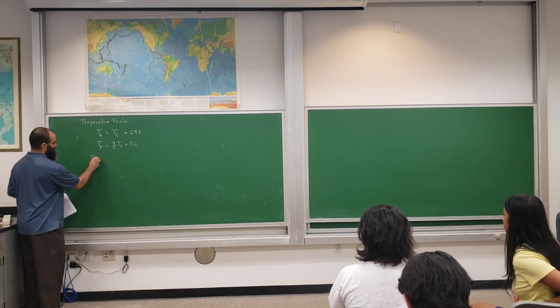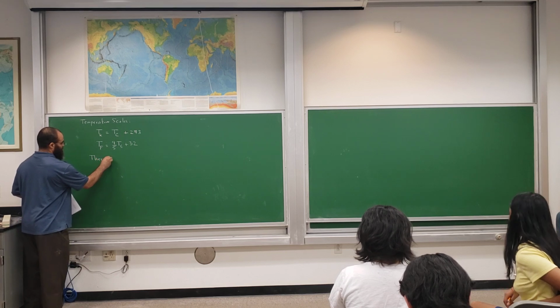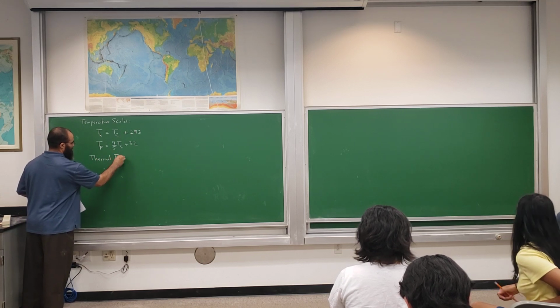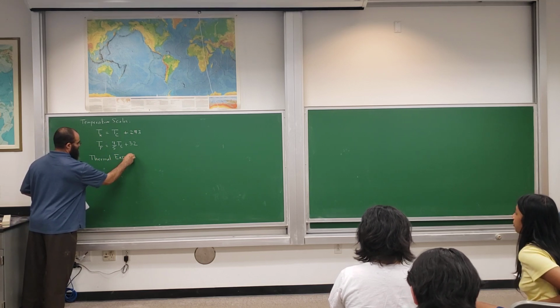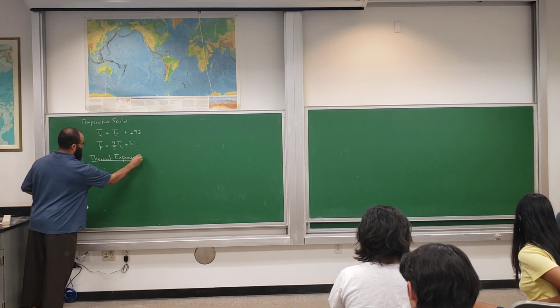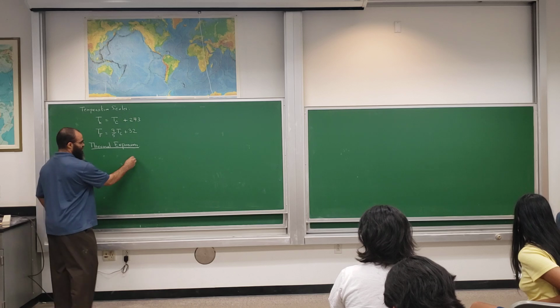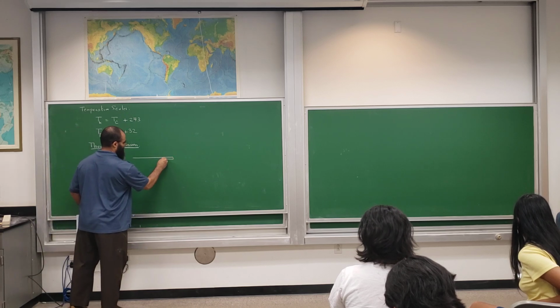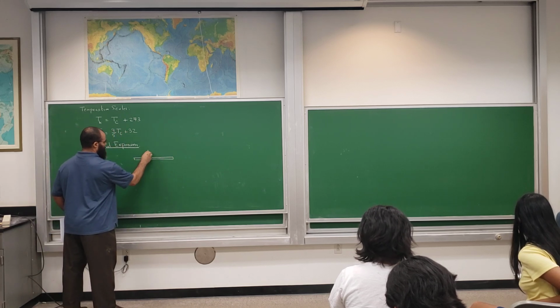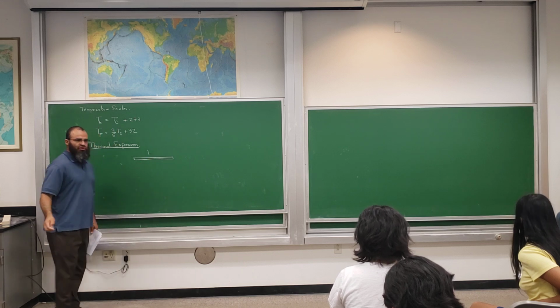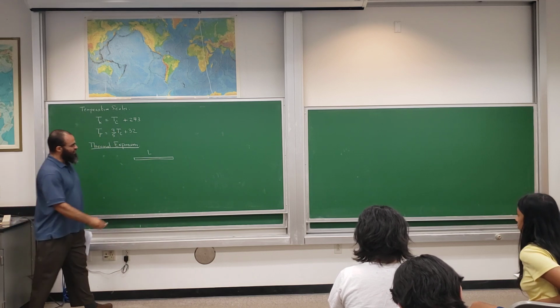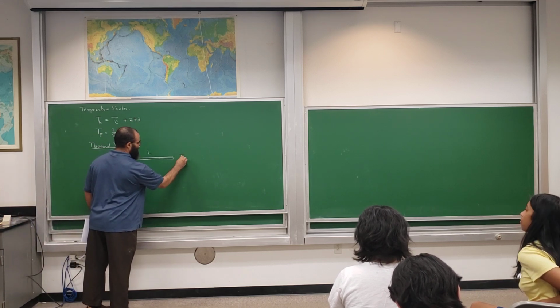So let me write this. Expansion. There is linear expansion if it's mostly length. Here is length L. Suppose I have a rod of length L, and the temperature is T initial.